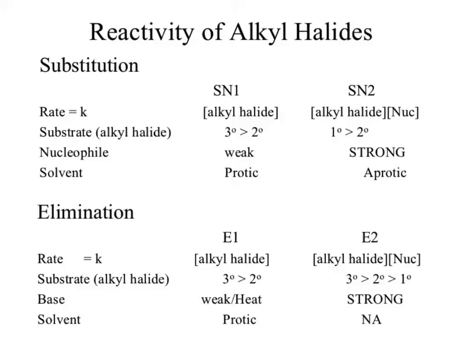Those will then have a certain rate associated with them. We'll look at what we expect for the substrate. We'll look at what we expect for the nucleophile, what we expect for the solvent. When we talk about elimination, we'll do the same thing. Elimination breaks down into 2 different types of mechanisms, E1 and E2, which means we have a rate expression, which means we have substrate preferences, which means we have base preferences. That's an interesting one. And solvent preferences.